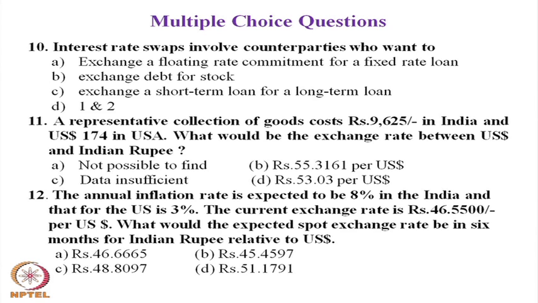A, not possible to find, B, 53.3161 per dollar, C, data insufficient, D, rupees 53.03 per dollar. Mark the answer, keep it with you.